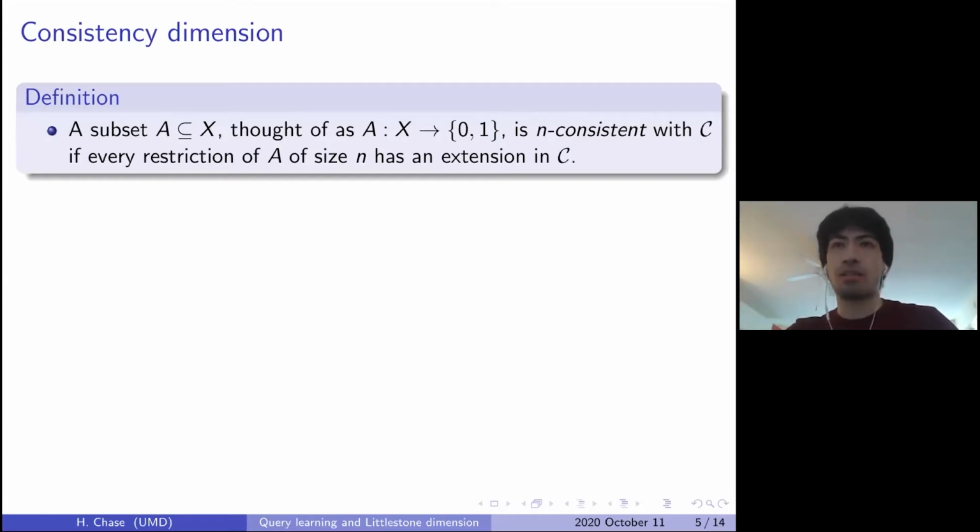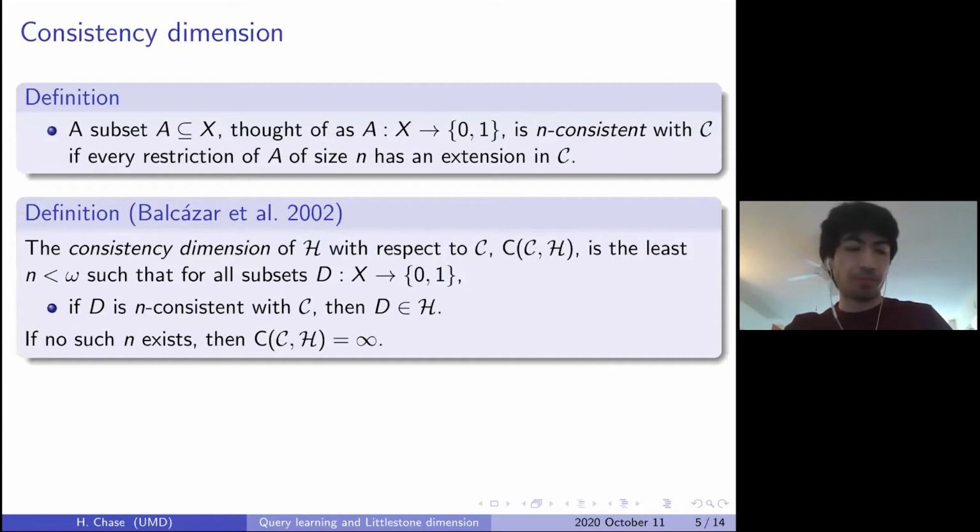A subset A of X, and we'll identify a subset with its characteristic function, is n-consistent if every restriction of A of size n has an extension in C. In other words, whenever I look at the trace of A on n elements, I can find some set in the concept class that has the same trace on these n elements, and I can do so for all size n subsets.